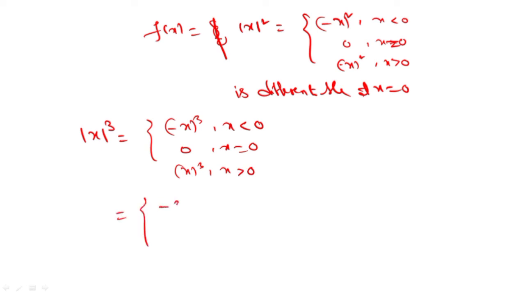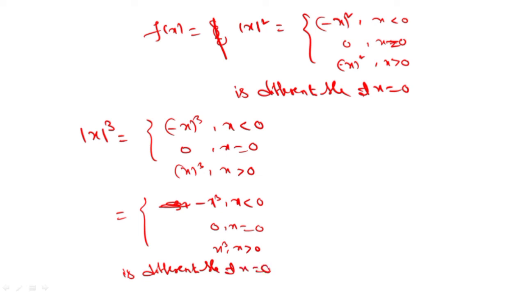This will be minus x cube for x less than 0, 0 for x equal to 0, x cube for x greater than 0. Okay. So, is differentiable at x equal to 0.